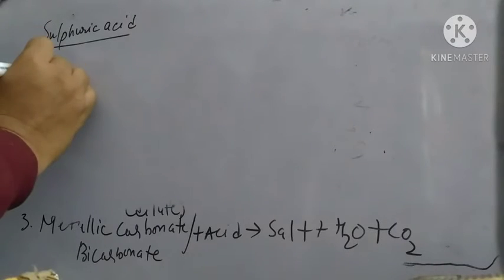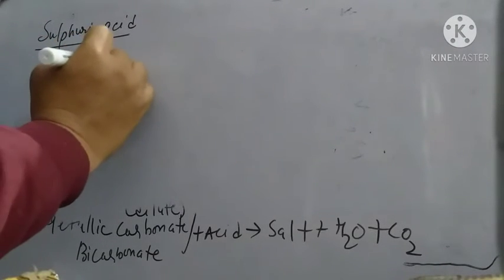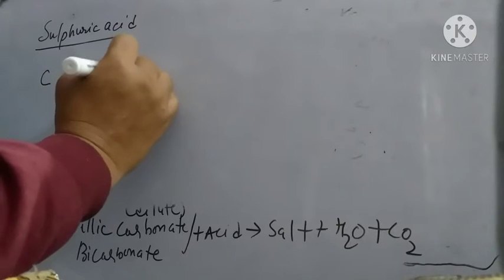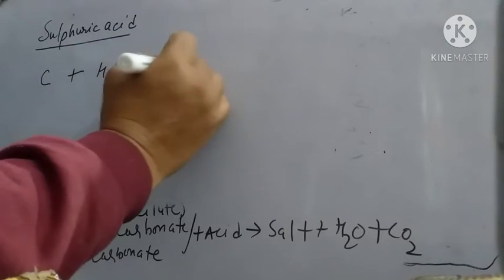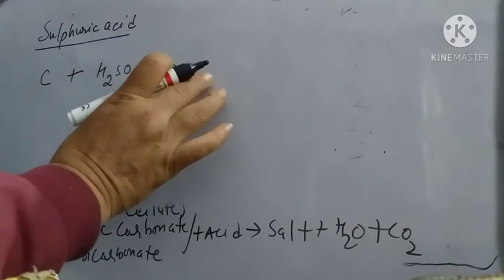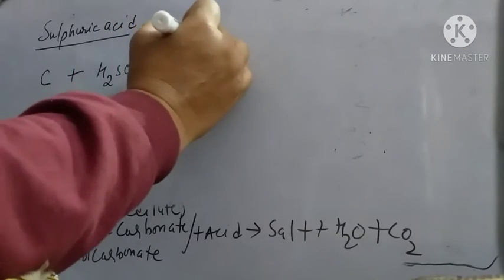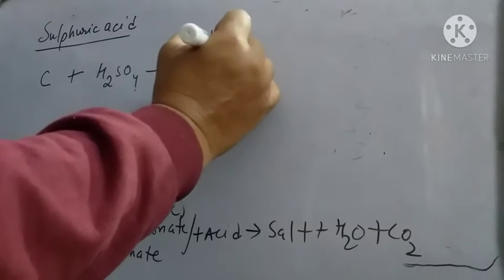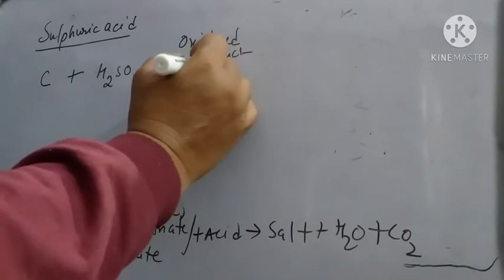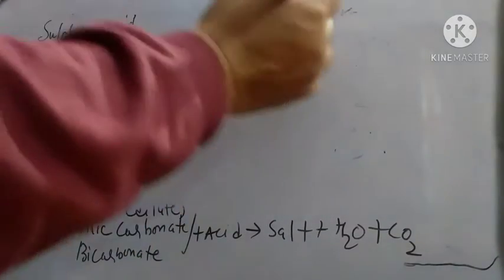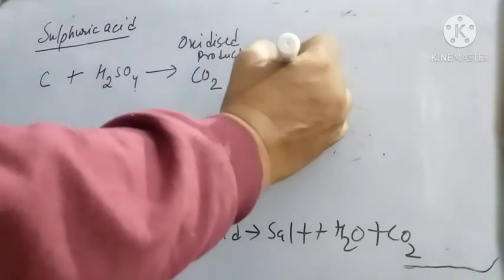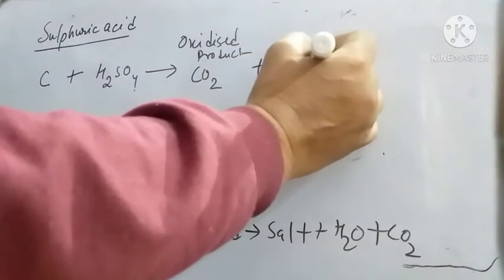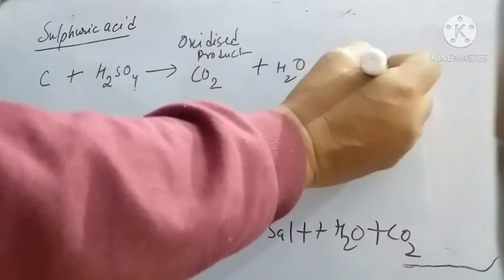Now carbon plus sulfuric acid will give the first product, the oxidized product, which will be carbon dioxide, plus water and sulfur dioxide.